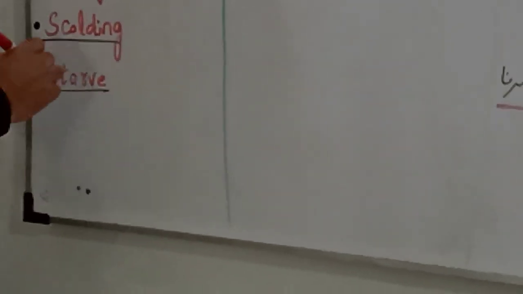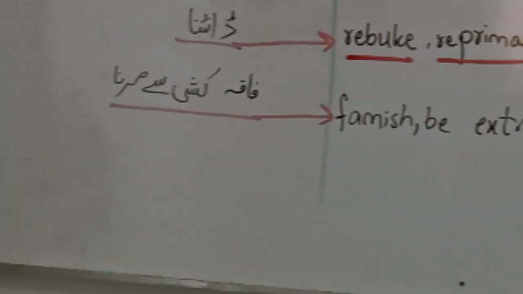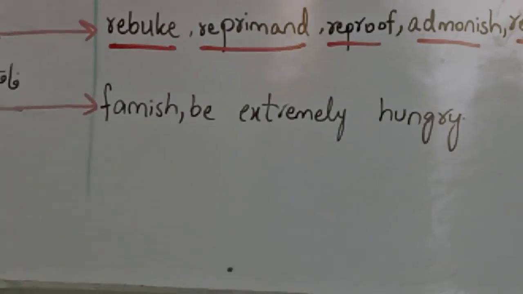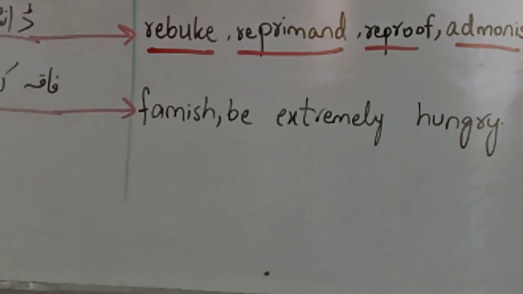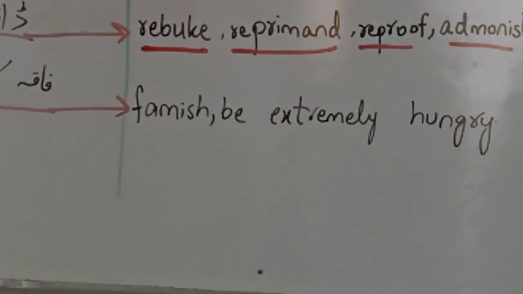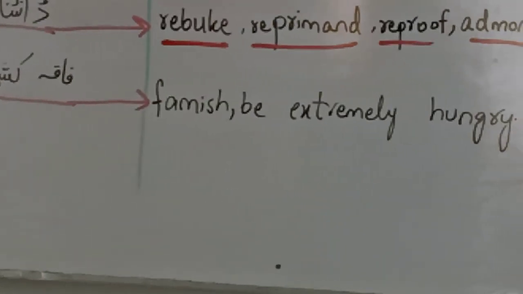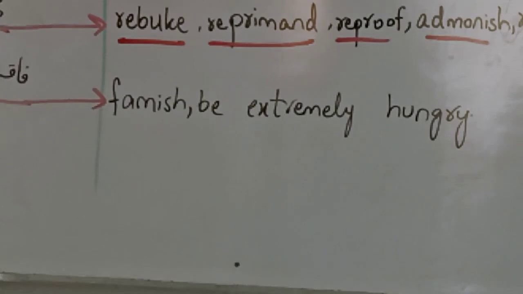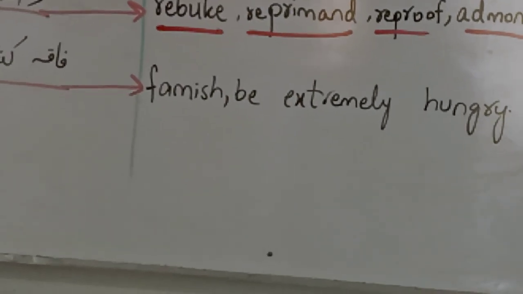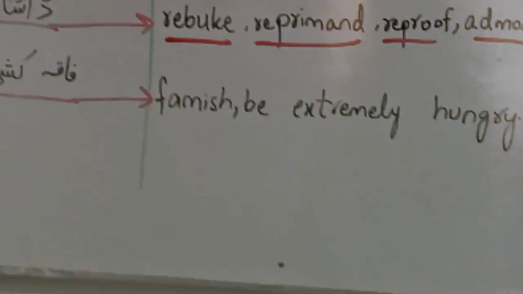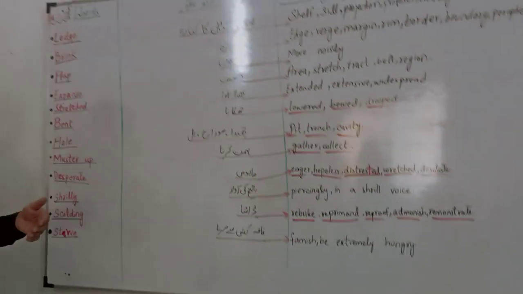Starve. S-T-A-R-V-E. Starve means famish. Be extremely hungry. For example, you have skipped your meals or you haven't eaten for 24 hours. It means you are starving. You lost one meal, then you lost another meal by chance, or accidentally.